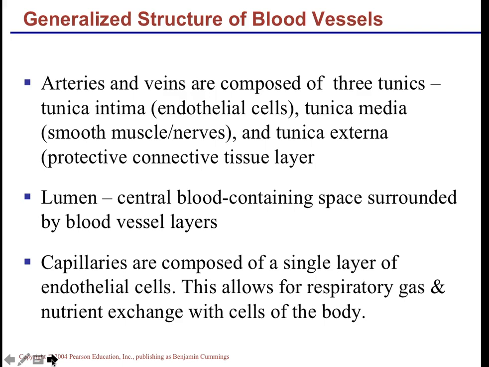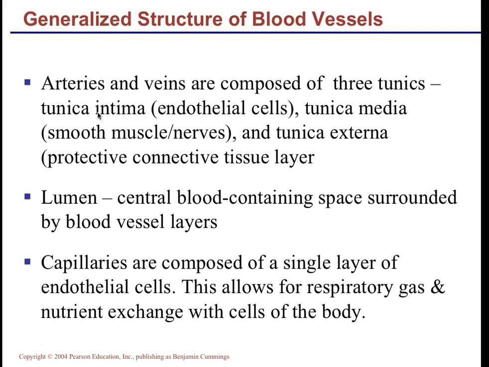Now, layers. Blood vessels, be they arteries or veins, have 3 layers. You have the inner layer, or the tunica intima, which are what are called endothelial cells. They're a type of epithelial cells, but they're inside the body, so they're called endothelial cells.